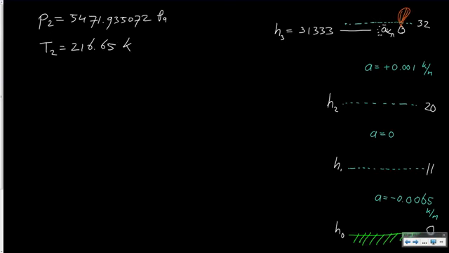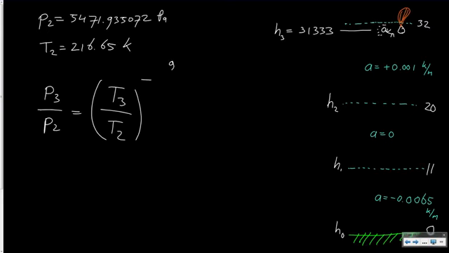Now we have a gradient layer, so what equation do we use? P1, no, it's not P1 this time. We're going to step to altitude 3. So let's call it P3 over P2 equals T3 over T2 to the power minus g over a R.